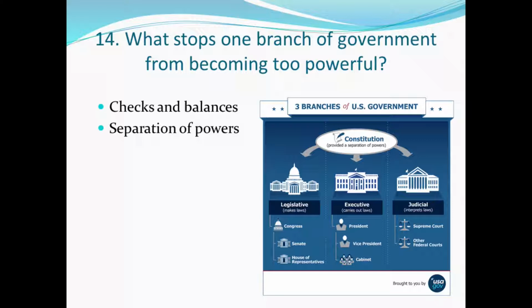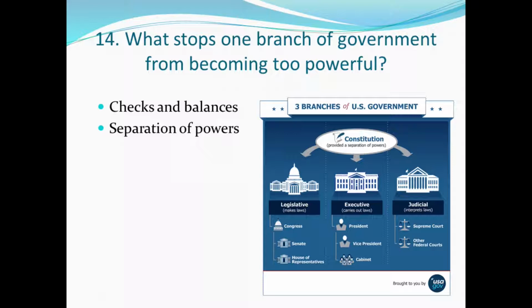And once they've agreed amongst themselves that the bill is good enough, they'll send it to the president, the executive branch. The president then has to make a decision on whether or not they want to sign that bill. Once they sign it, it becomes a law.